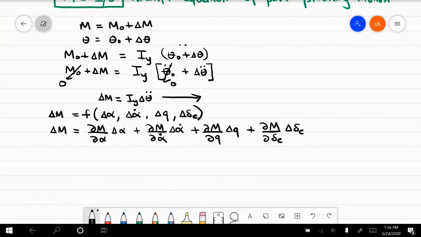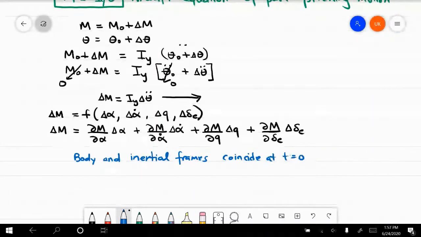And this will be enforced by saying that the body frame and the inertial frame coincide at the initial time. Okay, so we will say that the body and inertial frames coincide at t equals 0, meaning they are on top of one another.